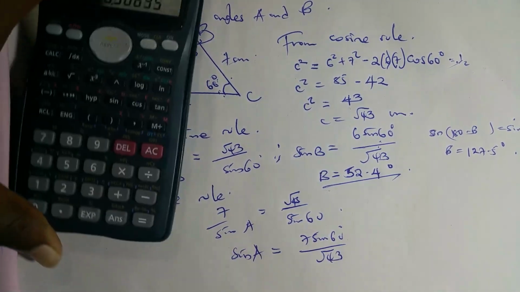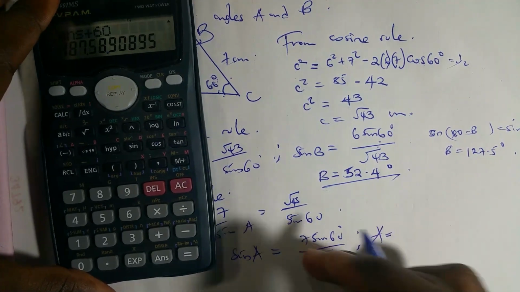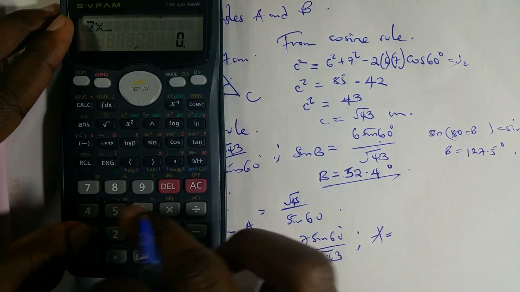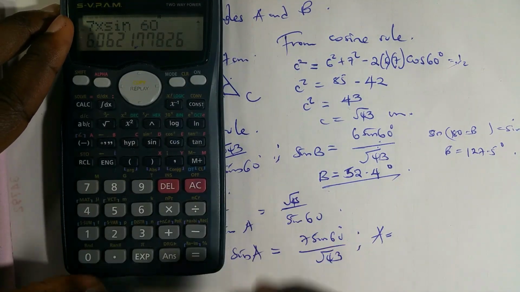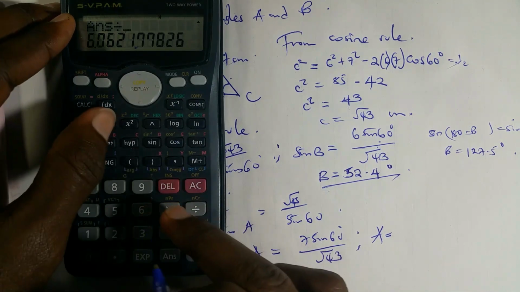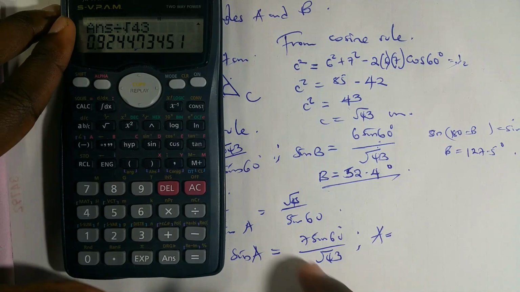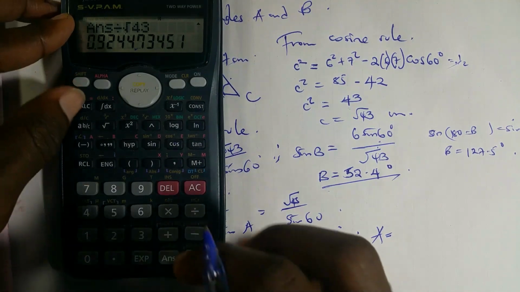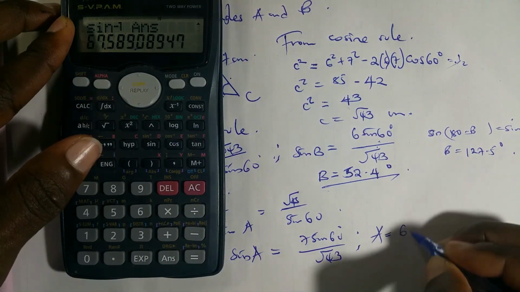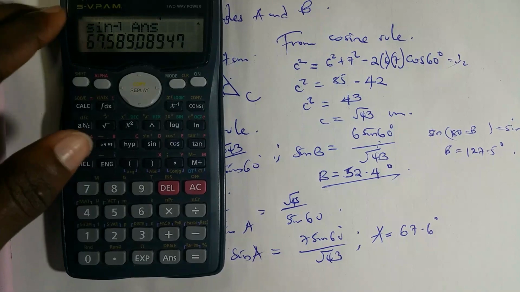That means A is the arc sine of 7 times sine 60 divided by root of 43, then arc sine of the answer, which gives 67.6 to 1 decimal place.